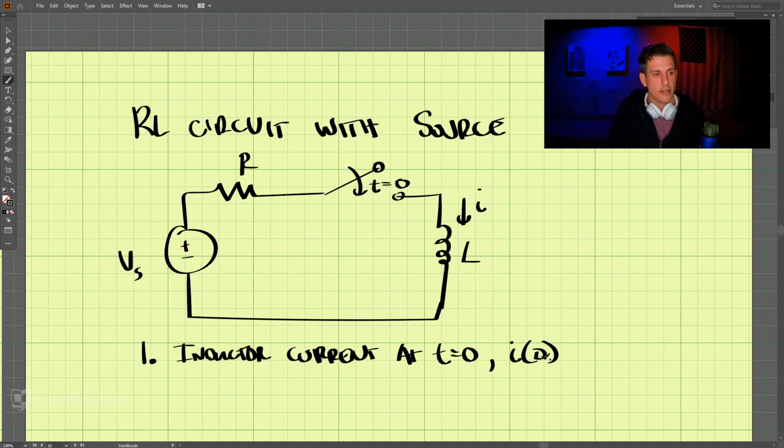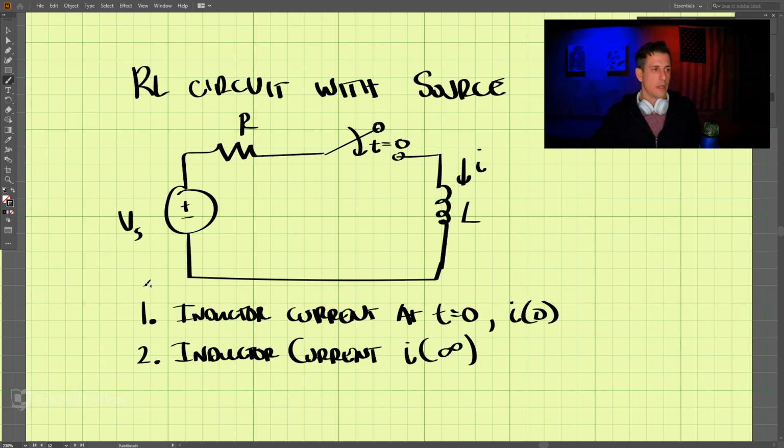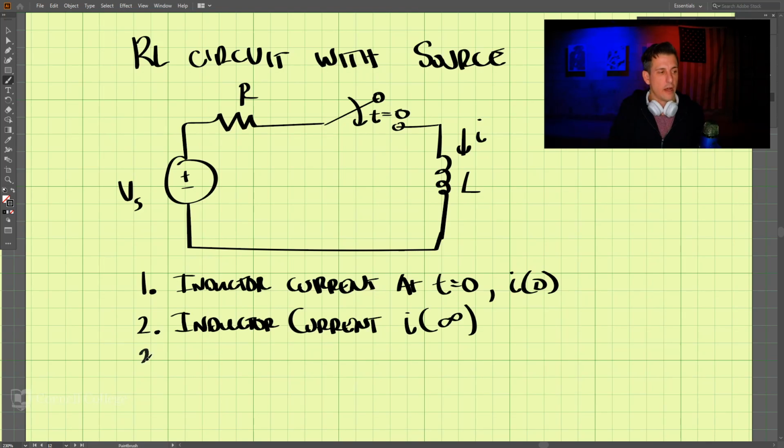That would be the current here at time 0. The second thing we need to find is the inductor current at time infinity, so at very far in the future. And then lastly, what we need to find is our time constant.